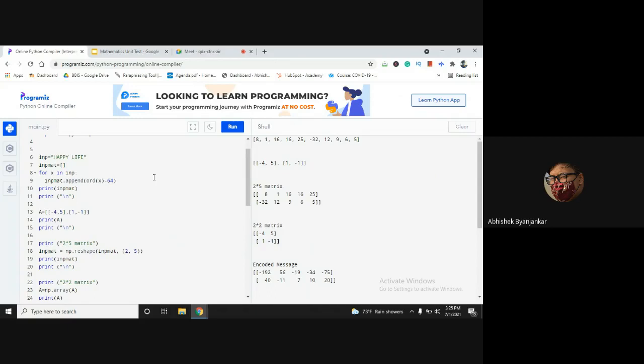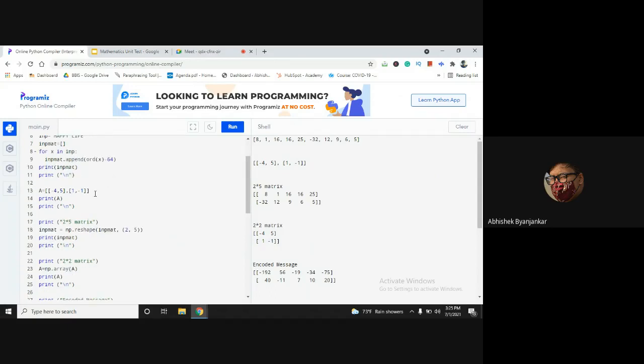After doing this code, I went to the next code, and the next code was the matrix given in the question: -4, 5, 1, -1. I put the output over here, so you can see I ran it and this is the output.